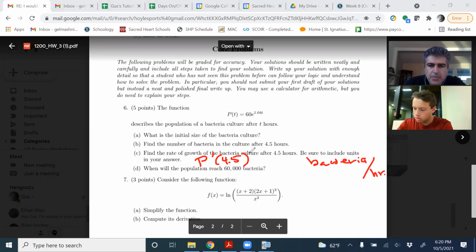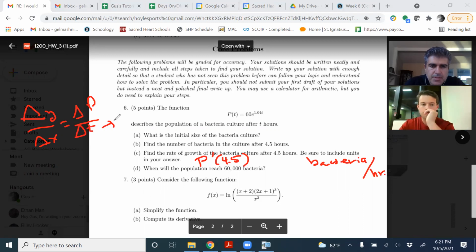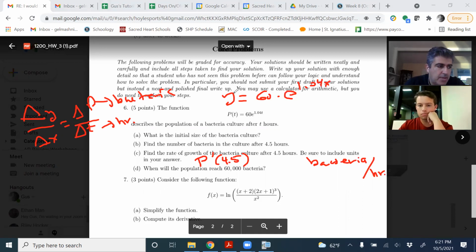Because you're doing the change in y over change in x, the slope, and our y is the population, and our x is the time. And with time in hours, then the population is bacteria. Because it's written like y equals 60 times e^(1.04x). You can write like that if you so desire. X is always input, y is always the output. That's how we know this.